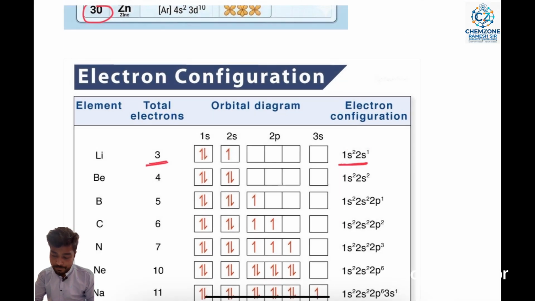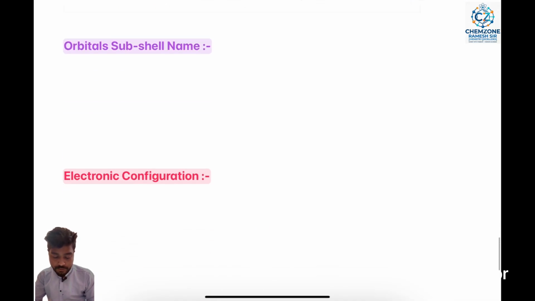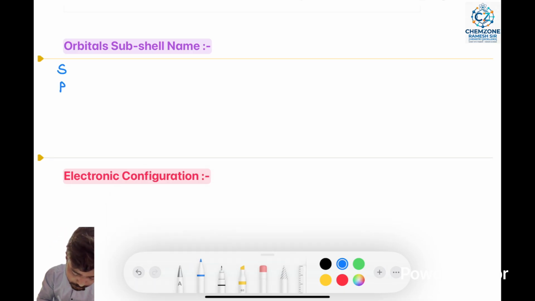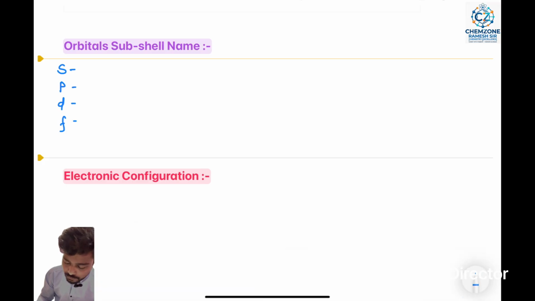Okay, then next is your orbital subshell name. So 4 types of orbitals are present. The first is your s orbital. Okay, s orbitals, p orbitals, d orbitals and f orbitals. S, p, d, f. Generally 4 types of orbitals are present.